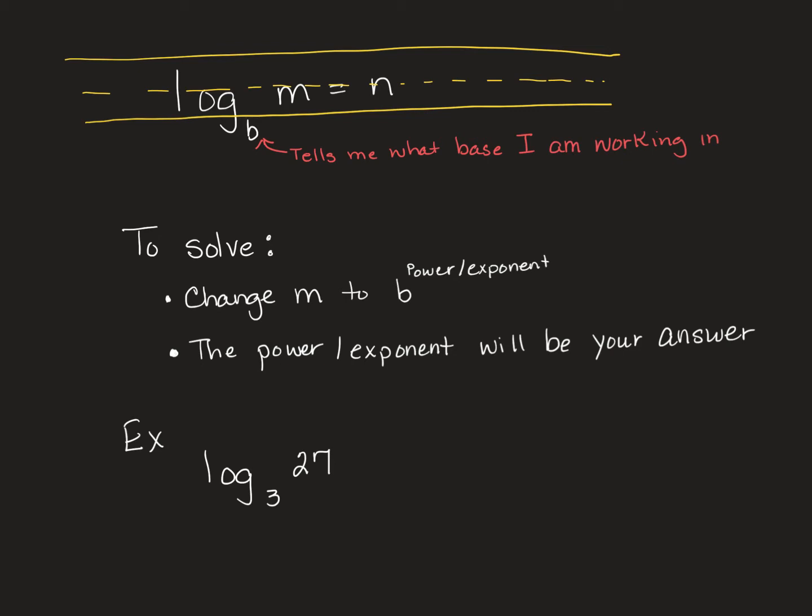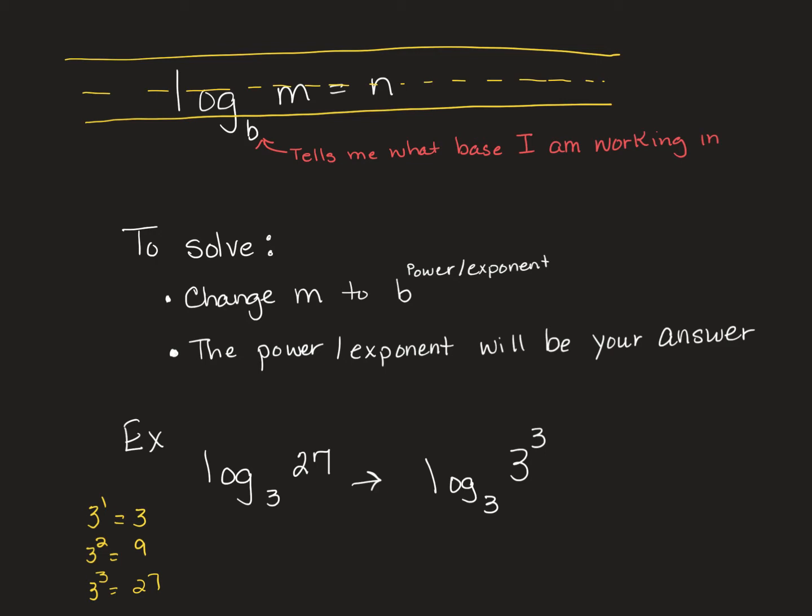I have to stop and think, 3 to what power is 27? If I go through my 3's, 3 to the first is 3, 3 to the second is 9, 3 to the third is 27. So I now know that I can change this to read log base 3 of 3 to the third power.